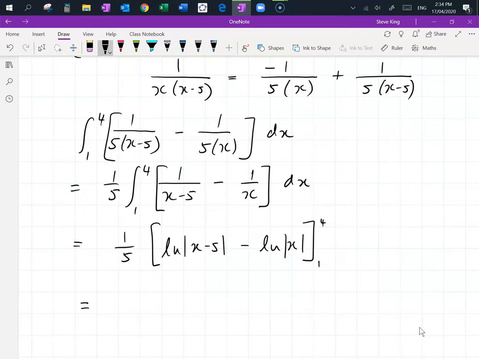So what do I have now? I have 1/5, the natural log, and this is where this absolute value sign is going to come into play, because I've got 4 minus 5, that's going to be the natural log of the absolute value of minus 1, minus the ln of 4.